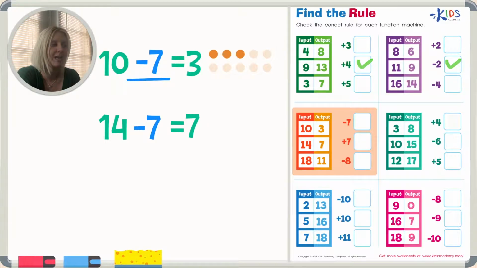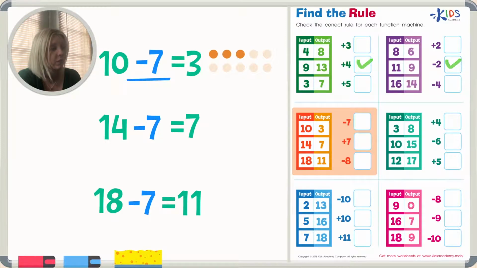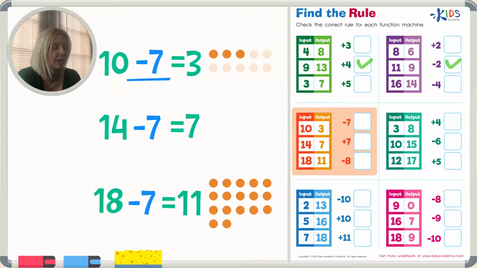The next one is 18 minus 7 equals, or should equal, 11. Okay, let's go ahead and count this out. Let's just draw it out. 1, 2, 3, 4, 5, 6, 7, 8, 9, 10, 11, 12, 13, 14, 15, 16, 17, 18.